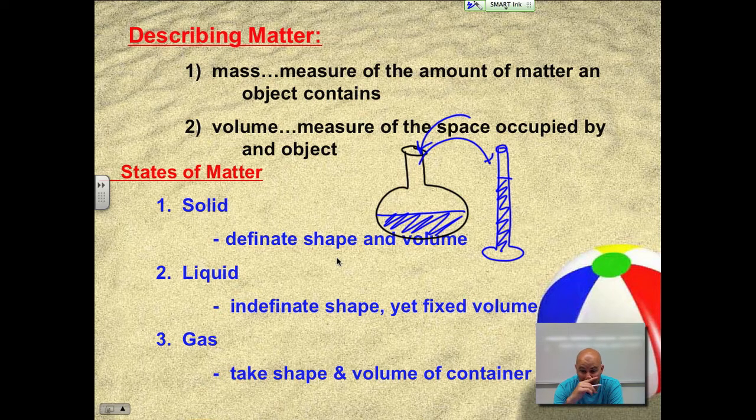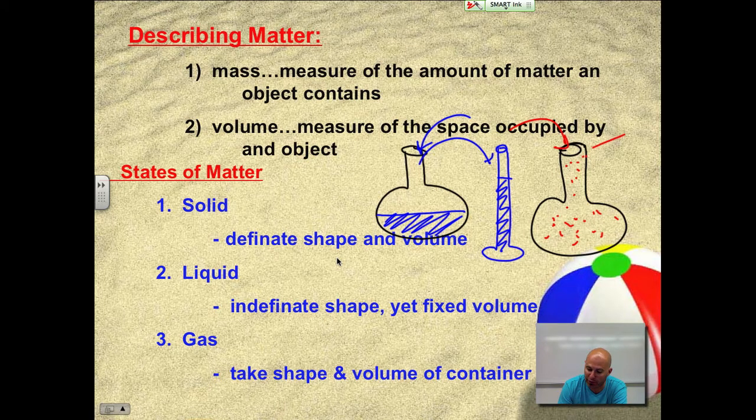That's your liquid. With gases, if I have my round bottom flask again and put a gas in there, then there will be gas particles all over the place, whether it's up on top or the bottom. So it takes the shape and the volume of the container, the full volume. Here I may notice I may have less than a full volume in a liquid. All right, so those are your states of matter.